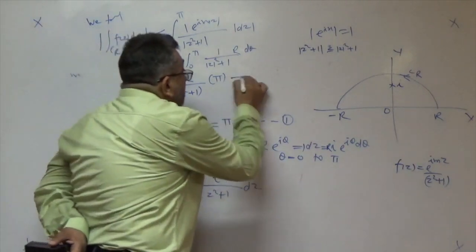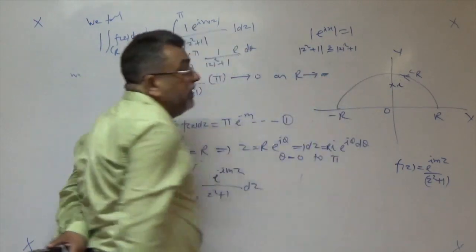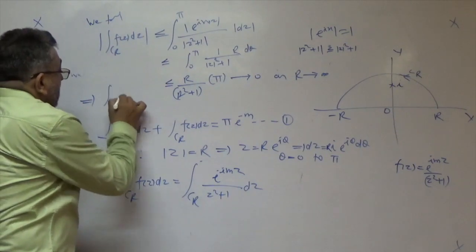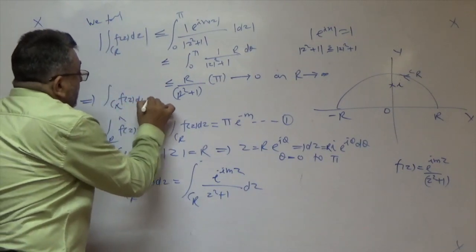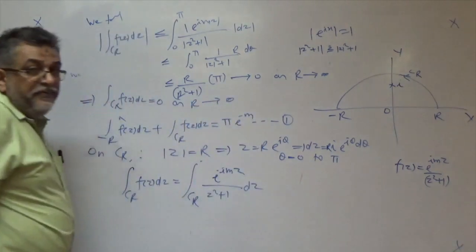Then this tends to 0 as we take the limit R tending to infinity. And this implies that the integral over CR of f(z) dz equals 0 as R tends to infinity.